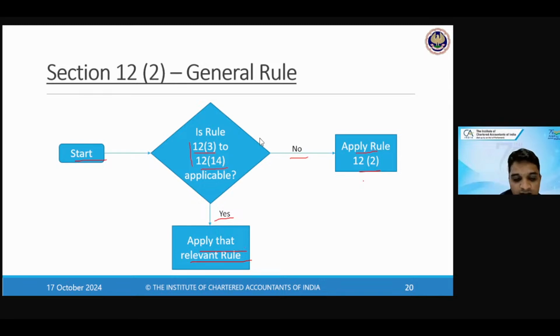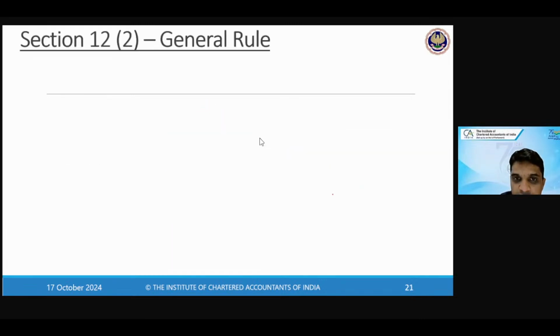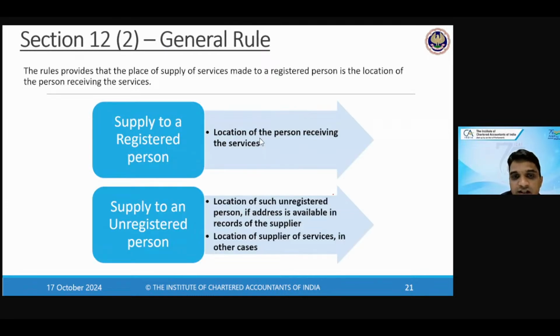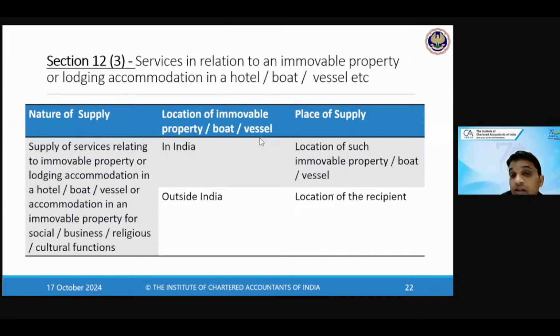If it fits there, I will apply that. Otherwise, I will come to the general rule. This is the flow. So 12.2 we'll discuss later on, because first we have to go to 12.3.